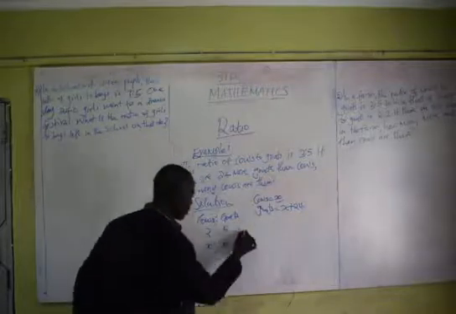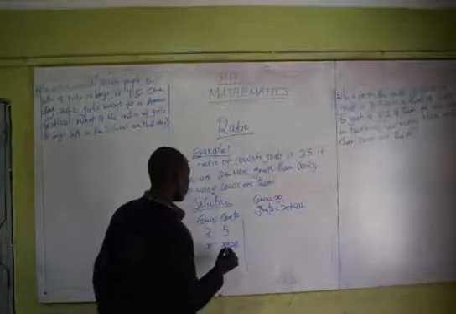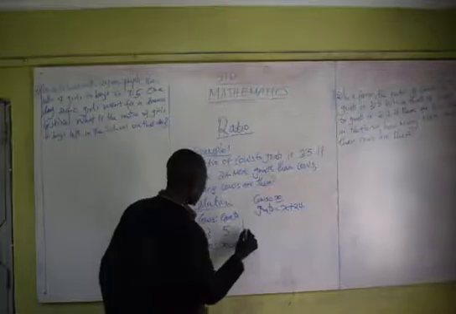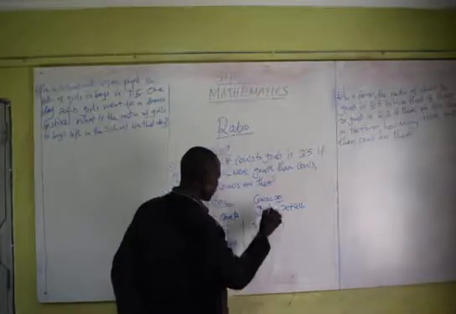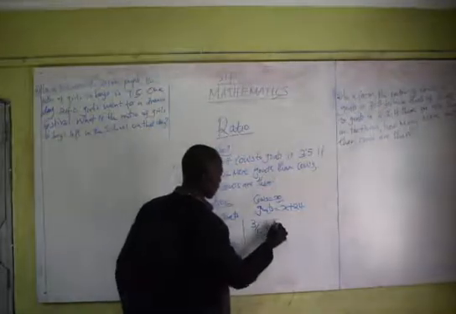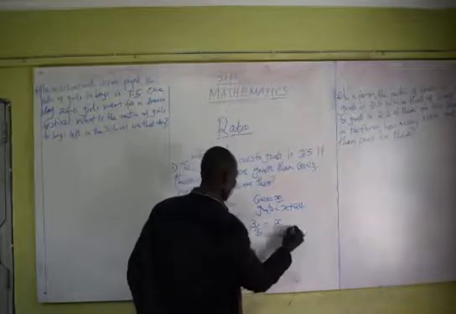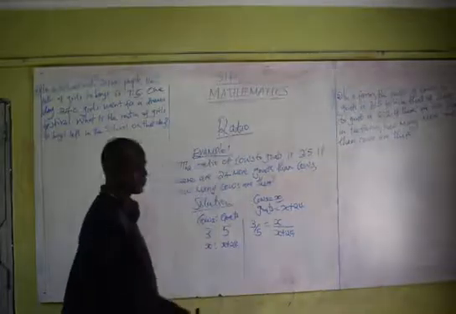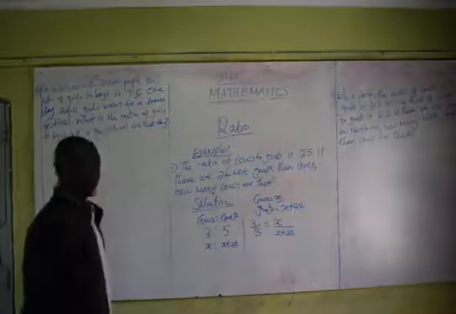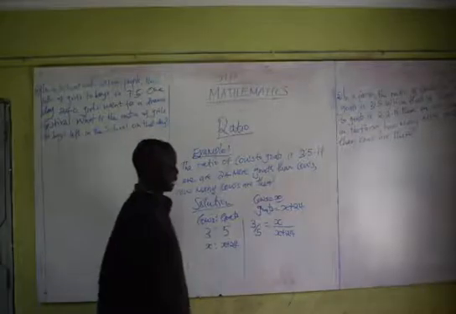And now we can write the ratio of cows to goats as a fraction: 3 over 5 is equal to x over x plus 24. Now from here we cross multiply.